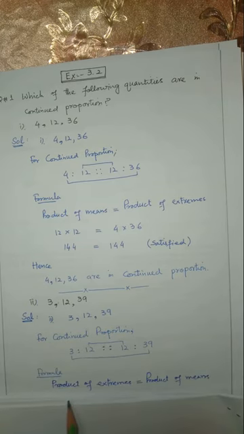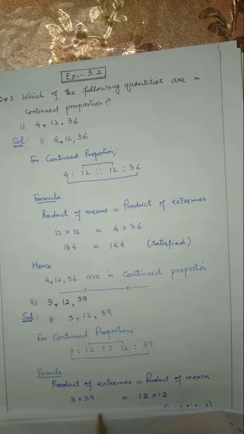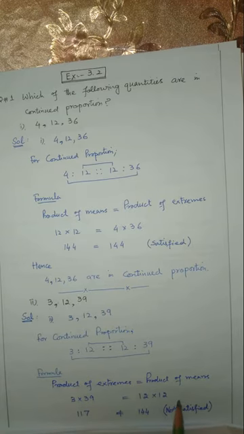According to the formula, the product of extremes is equal to the product of means. Extremes are 3 and 39, so 3 will multiply with 39 and 12 will multiply with 12. 3 times 39 is equal to 117 and 12 times 12 is equal to 144.